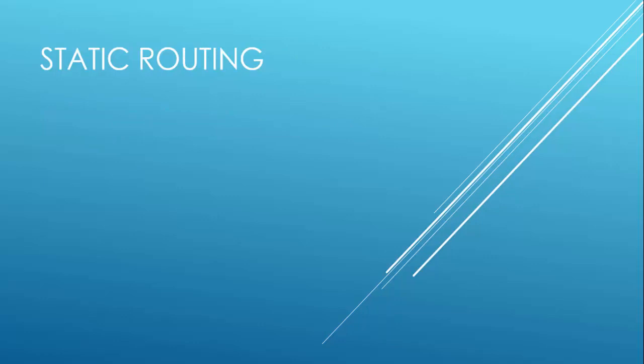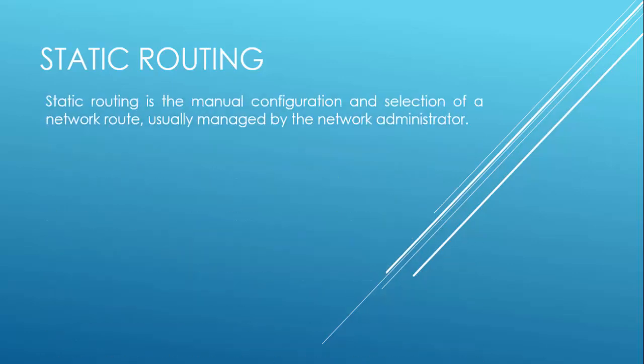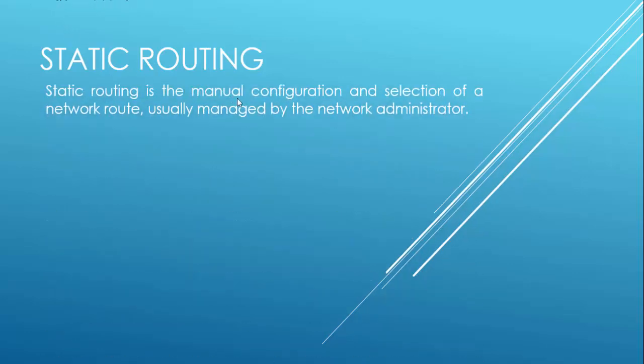Okay, so static routing, what is it? You have to configure the routes of your networks in a static way. Static routing is the manual configuration, you can say. There are no routing protocols going to be used like RIP, EIGRP or OSPF.